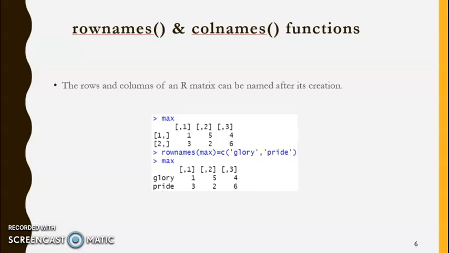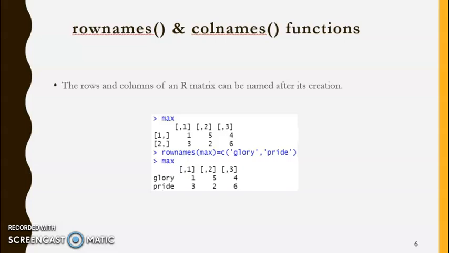Okay, the rows and columns of an R matrix can be named after its creation. Okay, so it is the max we created in the previous slide. And if you remember, I made different matrices based on different dimensions, but they were anonymous.